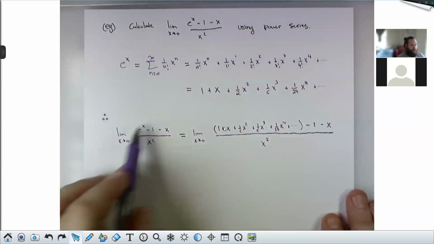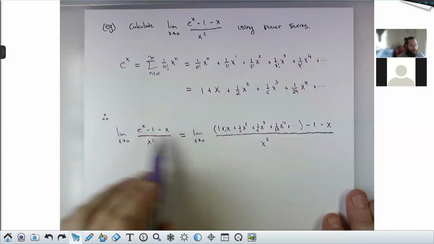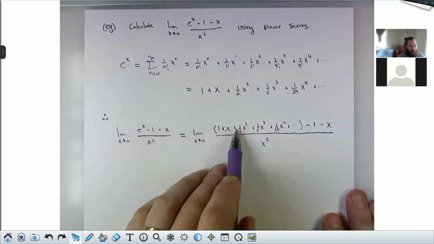So I just take this expression, and in place of e to the x, I write the power series for e to the x.